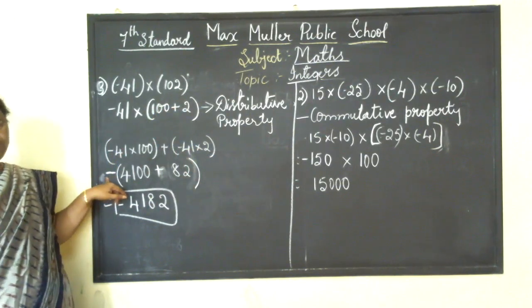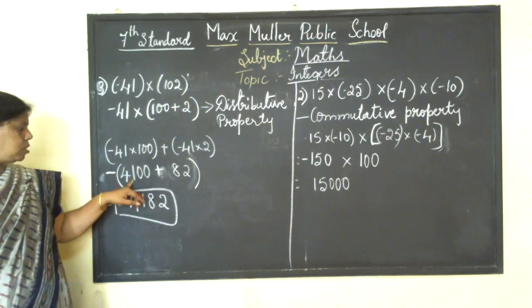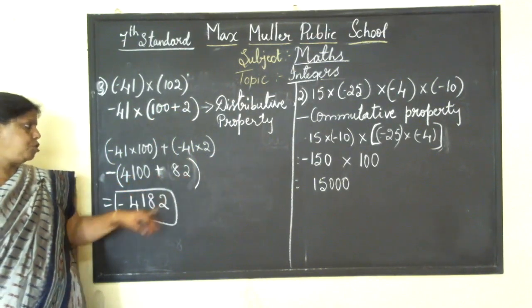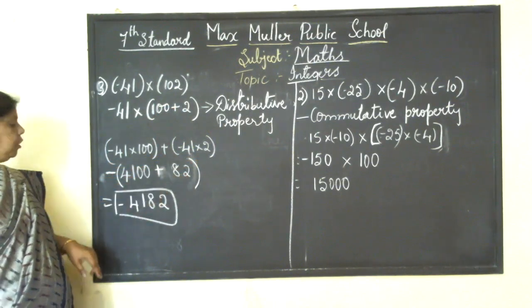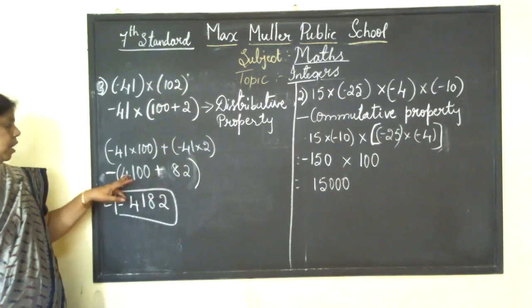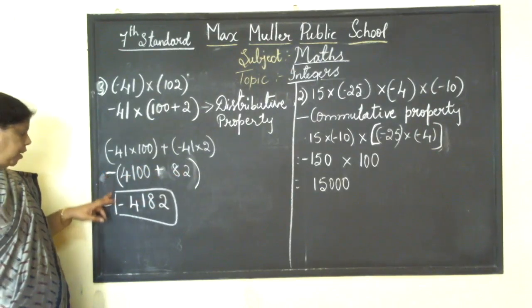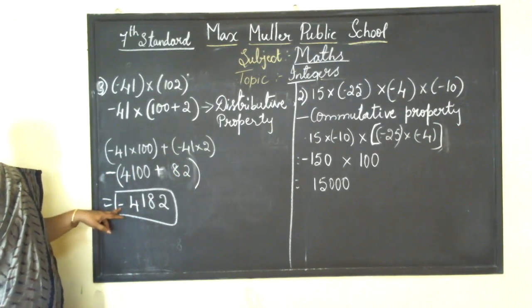So I have taken it outside. Minus 4100 plus 82. If you multiply 41 into 2, you get 82. So you get minus into plus. Here we have added and we have taken the common sign, minus.